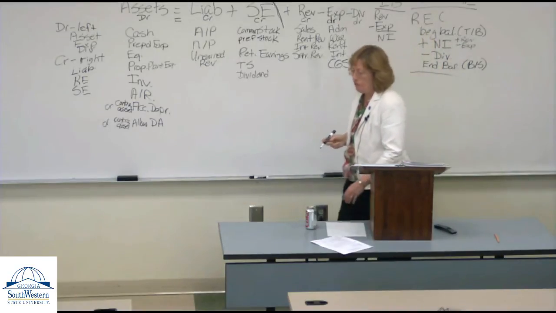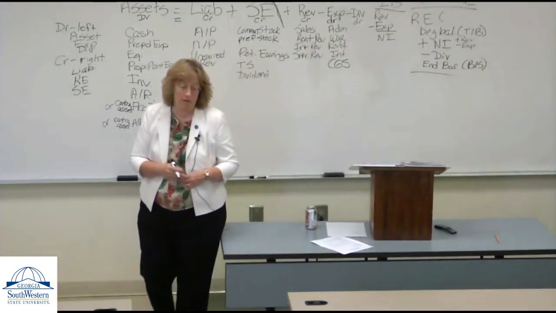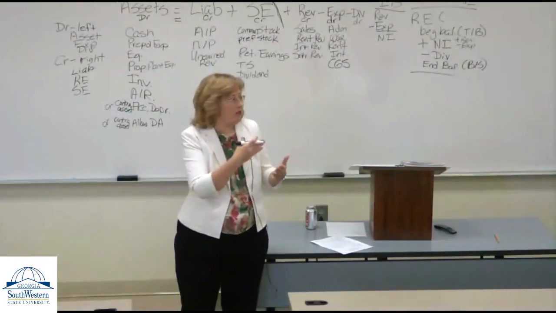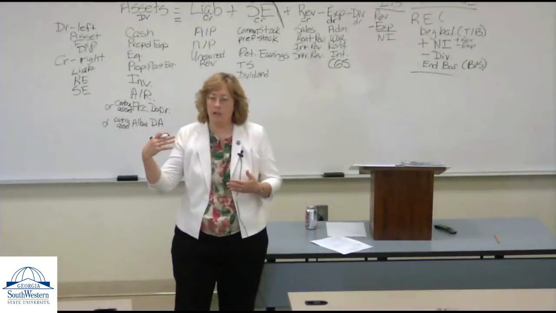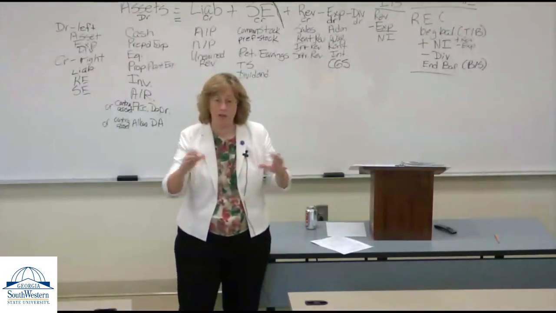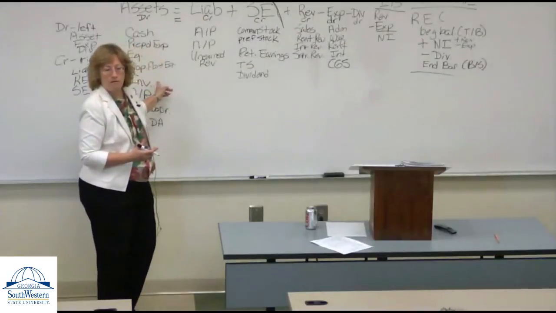Let's say you make your own shoes. You're a factory that makes shoes. As you're making the shoes, the shoes are in inventory. We have raw materials inventory, work in process inventory, and then finished goods inventory. All those are inventory accounts on the balance sheet.